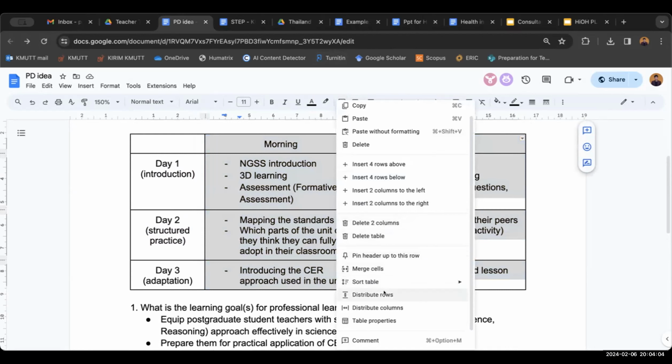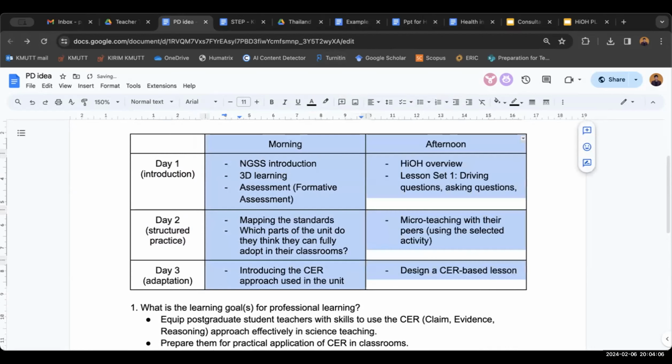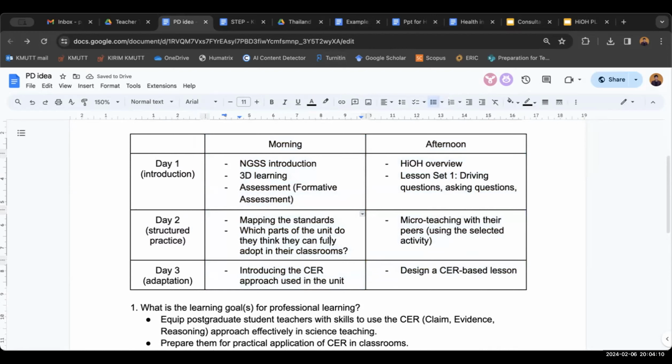I'm just confused as well. So when we look deeply at this, should we ask the driving questions for the activities or for the PD?